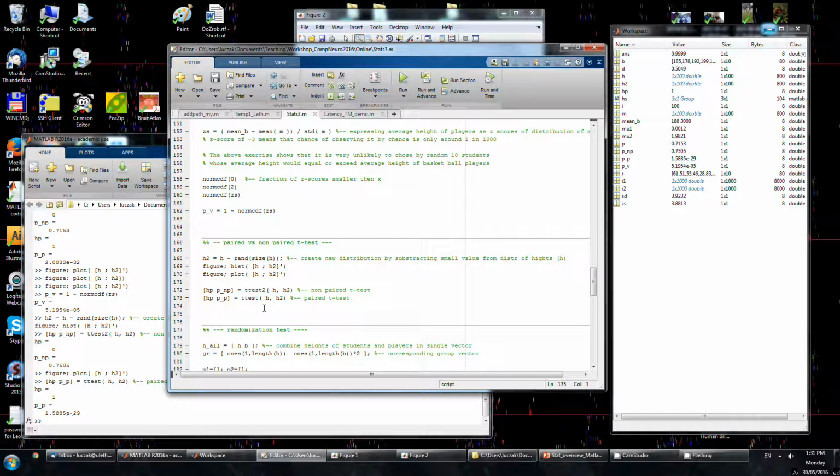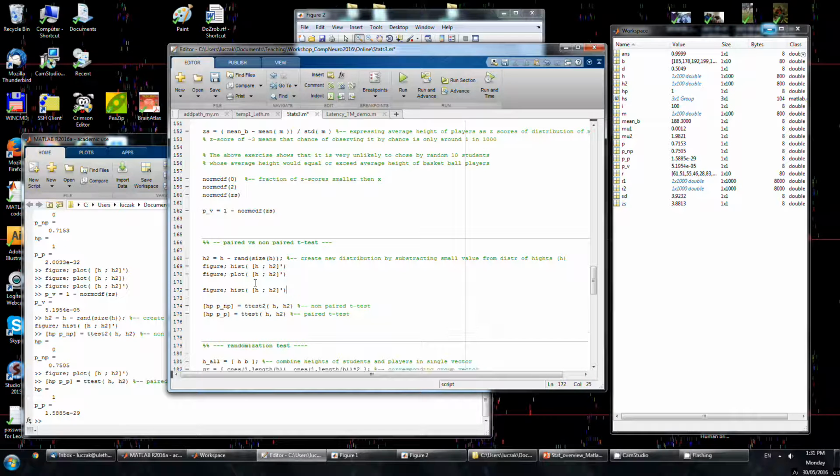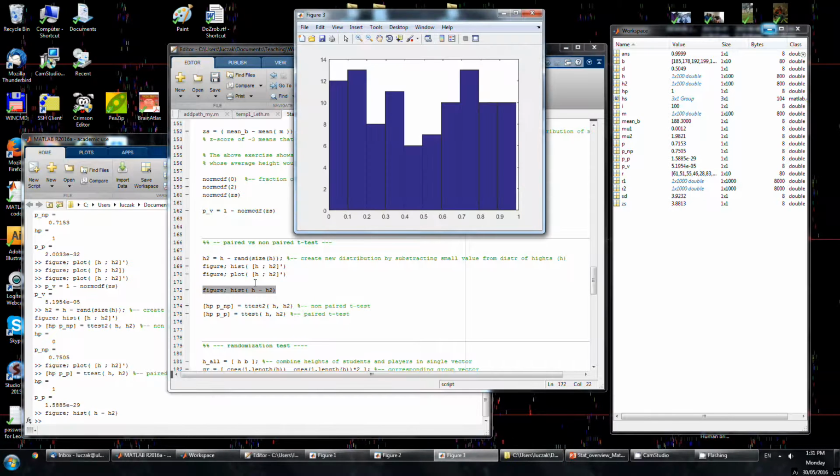So basically what we are doing is asking if the distribution of differences, so h minus h2, is significantly different from 0.